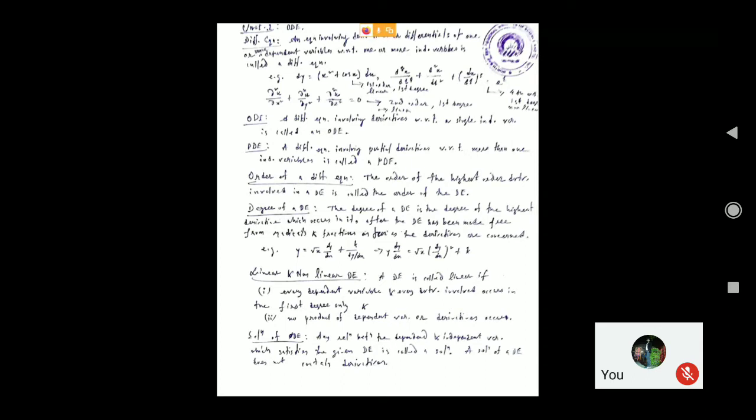So the question may be: what will be its position after 5 seconds? How will you find it?